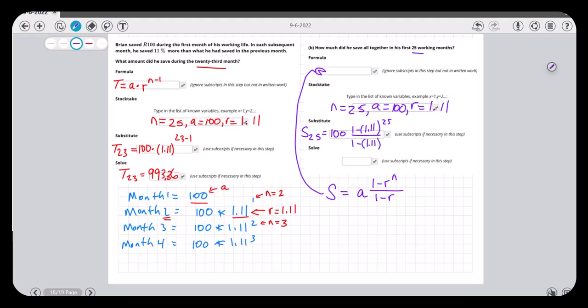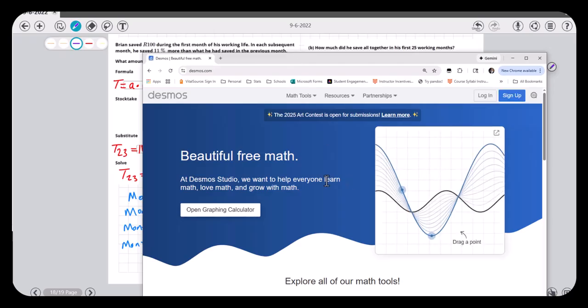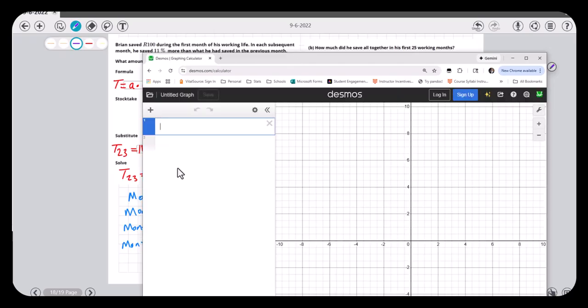And be careful when you're putting this in your calculator, or maybe use something like Desmos, because the parentheses are going to matter, right?